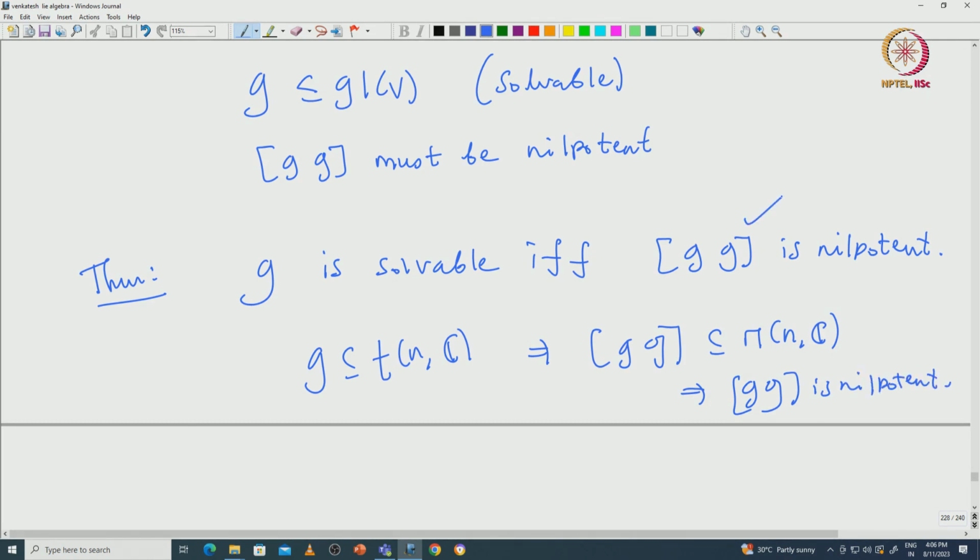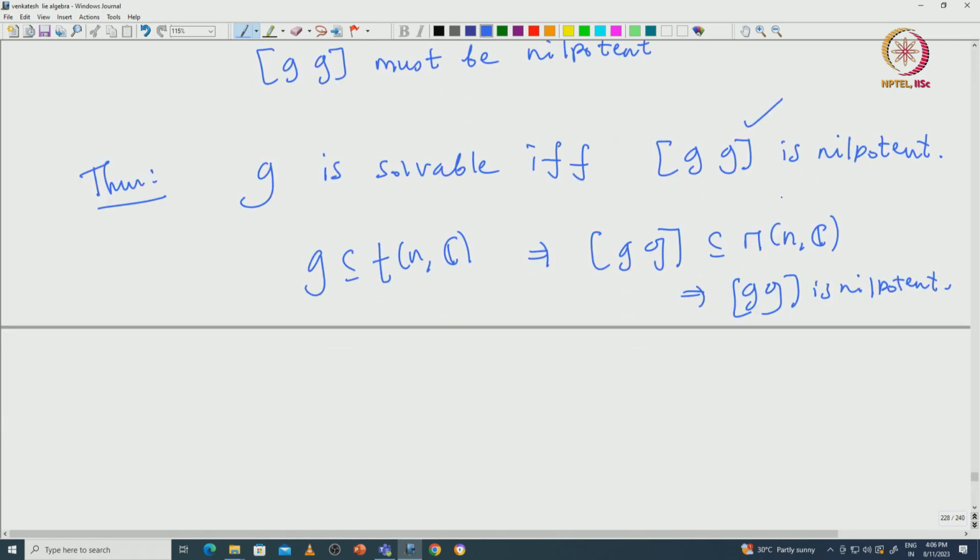Suppose the derived algebra is nilpotent, then what happens? Obviously, the derived algebra is solvable, since nilpotent implies solvable. If you take the quotient of g modulo the derived algebra, since it is abelian, it is solvable. Because the derived algebra is solvable and the quotient is solvable, g must be solvable.